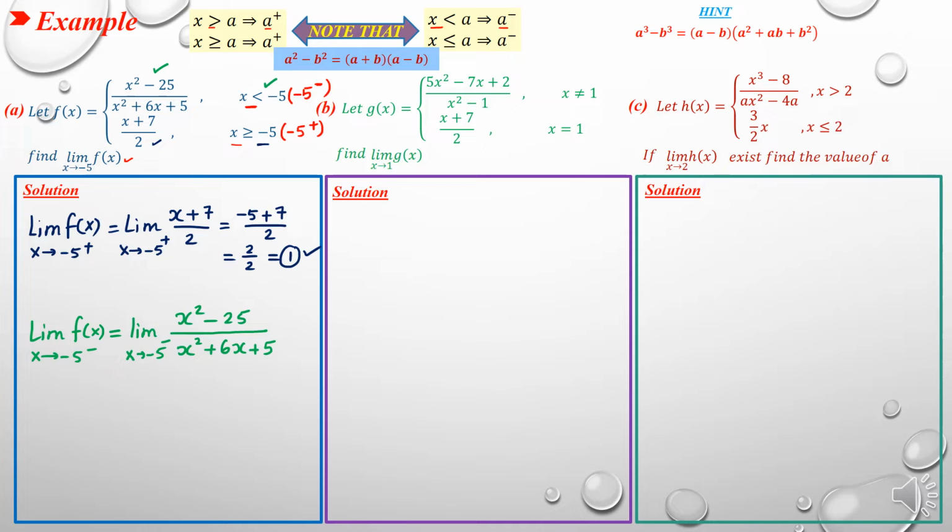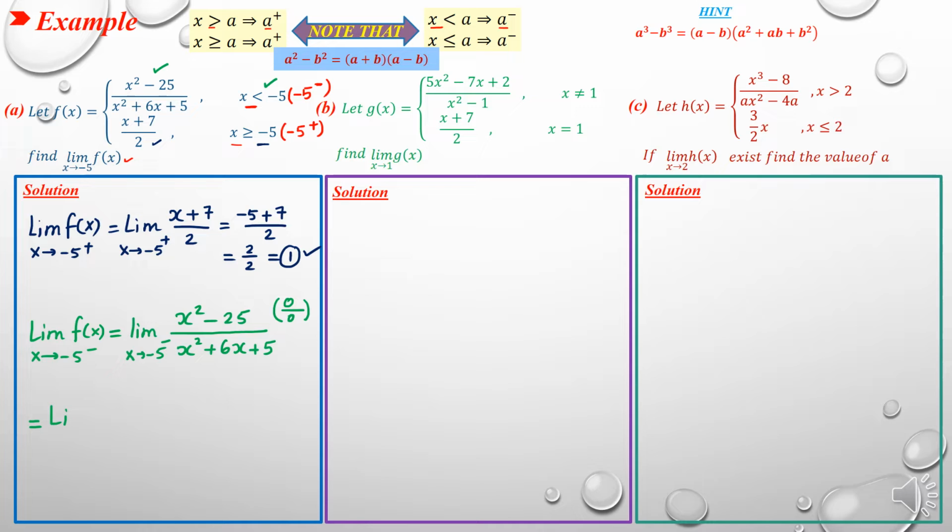For this limit you have to use direct substitution, plug in the value of x equals negative 5 in the inside function, and you will get 0 over 0. So you have to factor the numerator and denominator to find the limit.